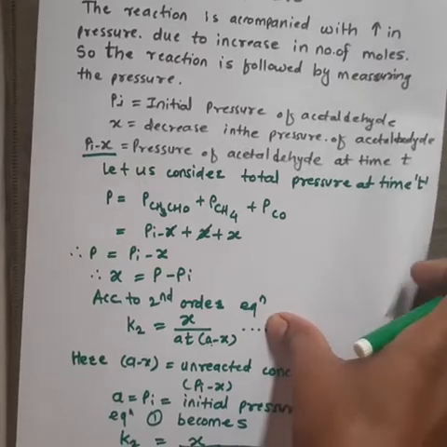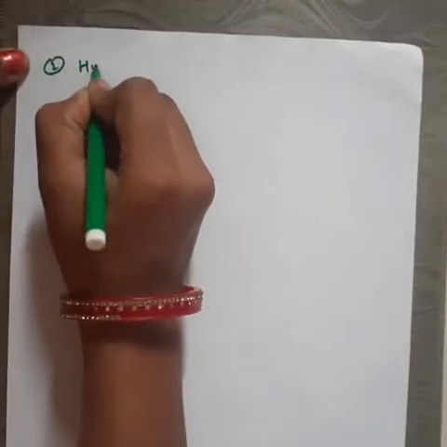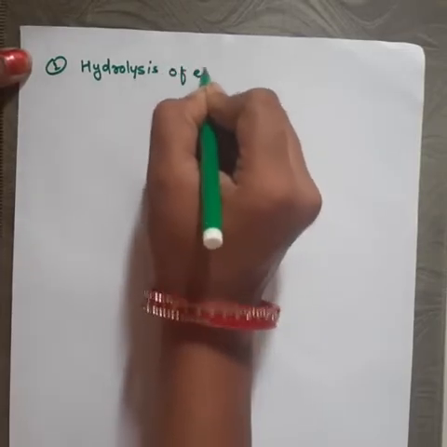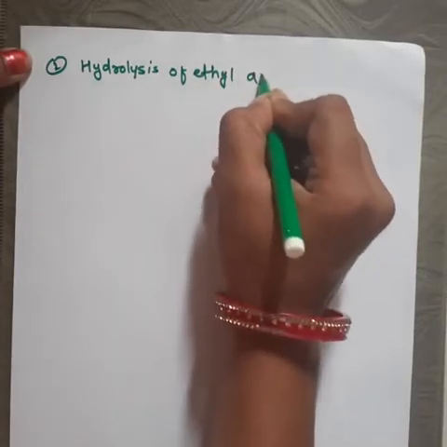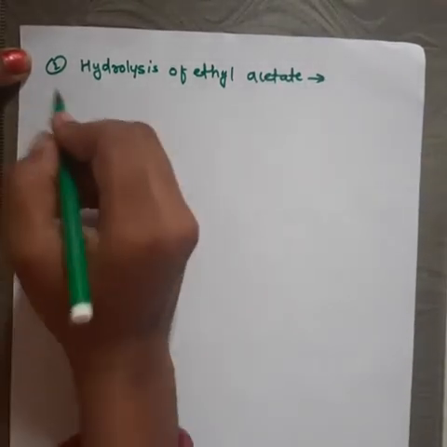Next we will study the second example, that is hydrolysis of ethyl acetate. So what is the reaction of hydrolysis of ethyl acetate?